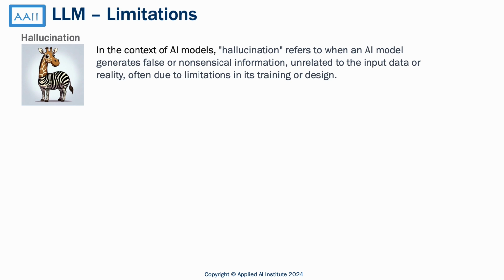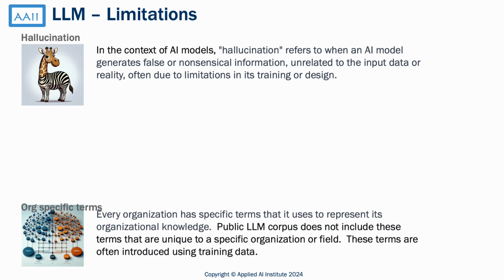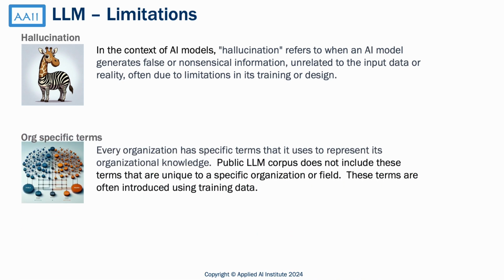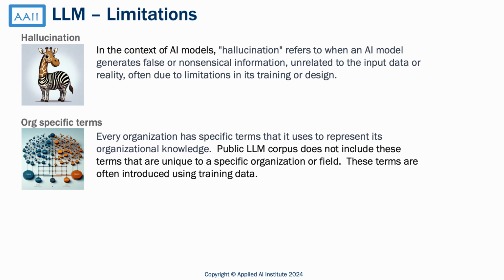Every organization has specific terms that it uses to represent its organizational knowledge. Public LLM corpus does not include these terms that are unique to a specific organization or field. These terms are often introduced using training data.